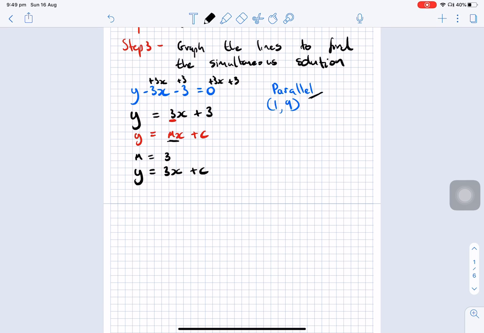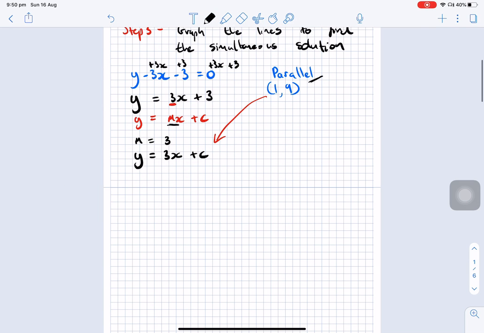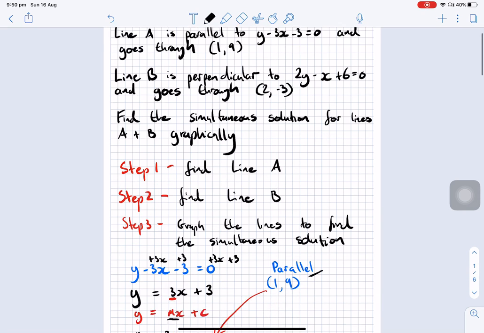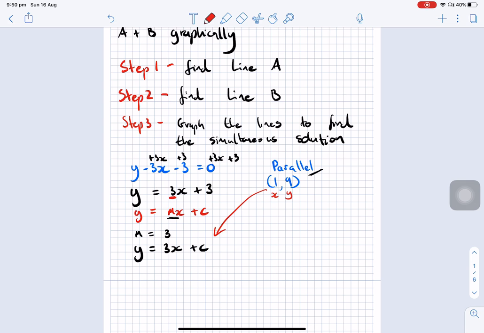And I'm going to sub these points in as my x and y values. Remember that x goes first, y goes second. That's my x value, that's my y value.